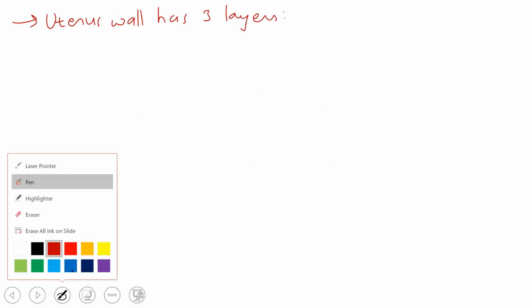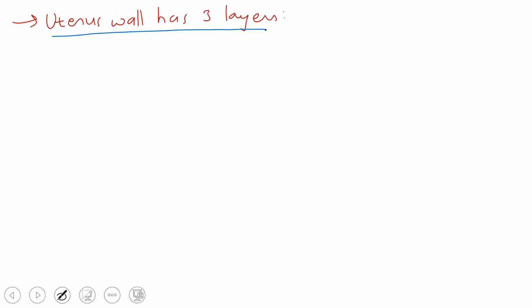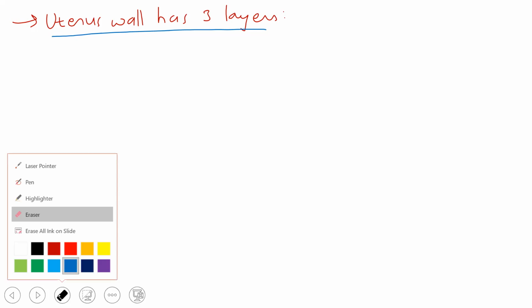So mainly, the uterus wall has three layers. Let me just show you the schematic diagram.